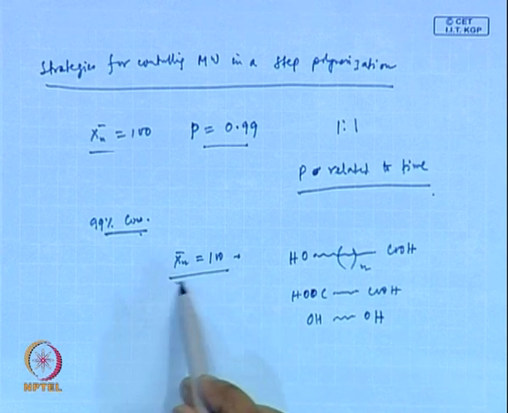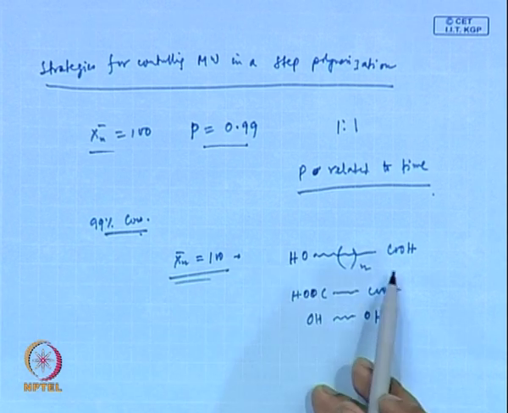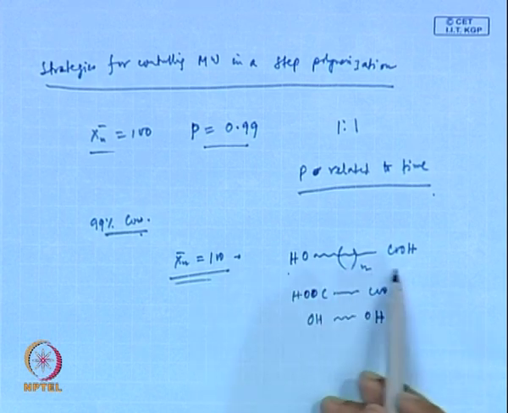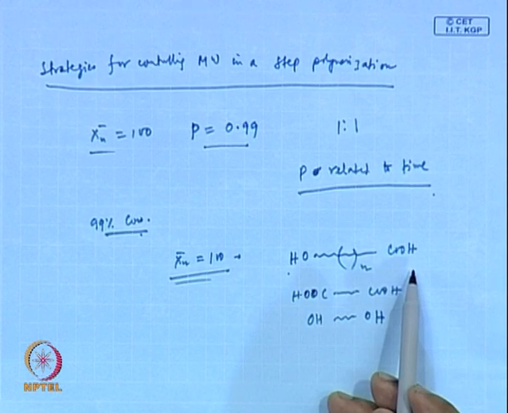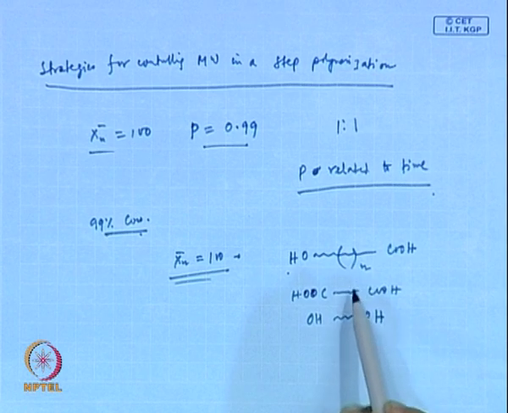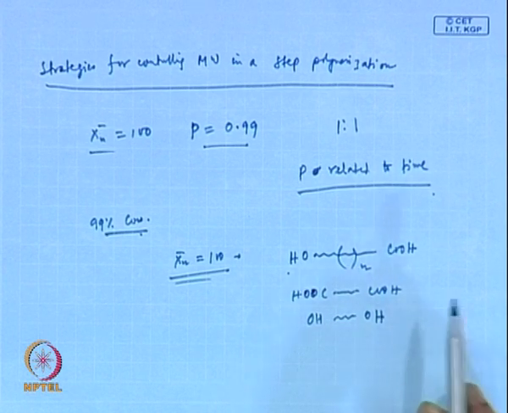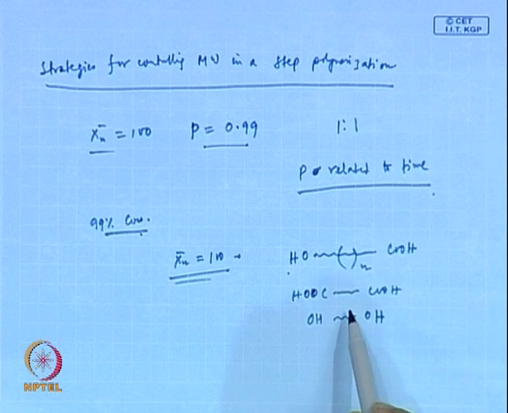So, at a degree of polymerization of 100, what do you have in this reaction medium? You have the hydroxy acids, which correspond to some size, and you will also have some unreacted monomers as well.